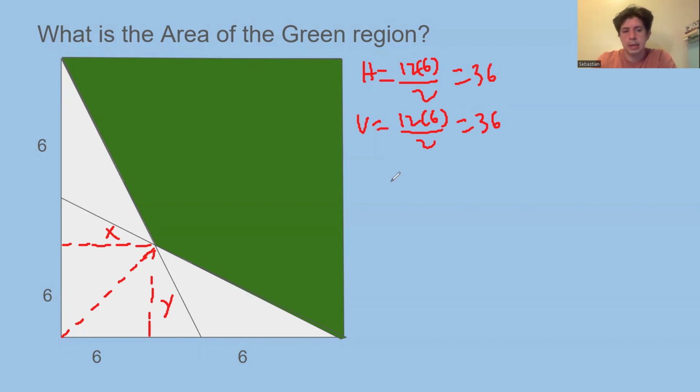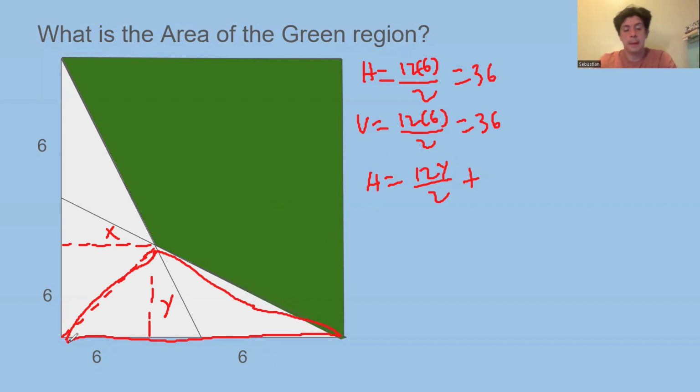Okay. And now let's work out H in terms of the X and Y. So it's going to be 12 times Y over 2 plus 6 times X over 2. 12Y over 2, because it's base times height over 2. So that 12Y over 2 is from this region. Okay.